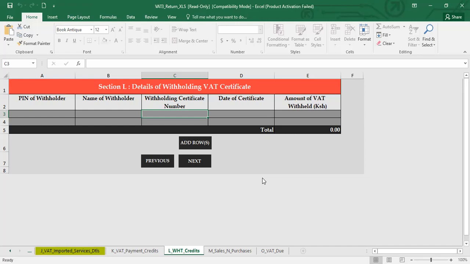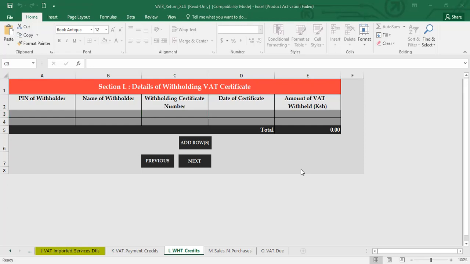When they are withholding 2%, they remit, they pay this money to KRA. So once the payment has been made to KRA, it will reflect in your KRA portal, the iTax portal. So at the moment you go to do the end of the month, there is a place you open and check the withholding certificates.